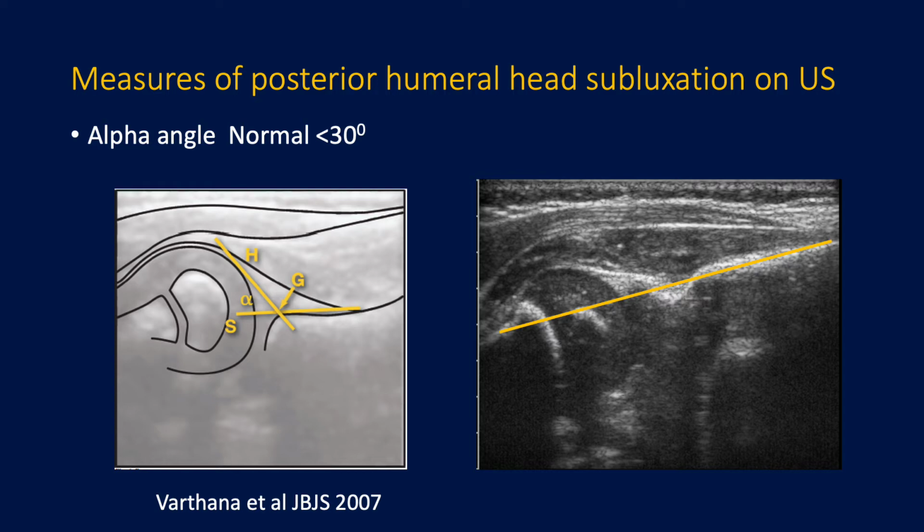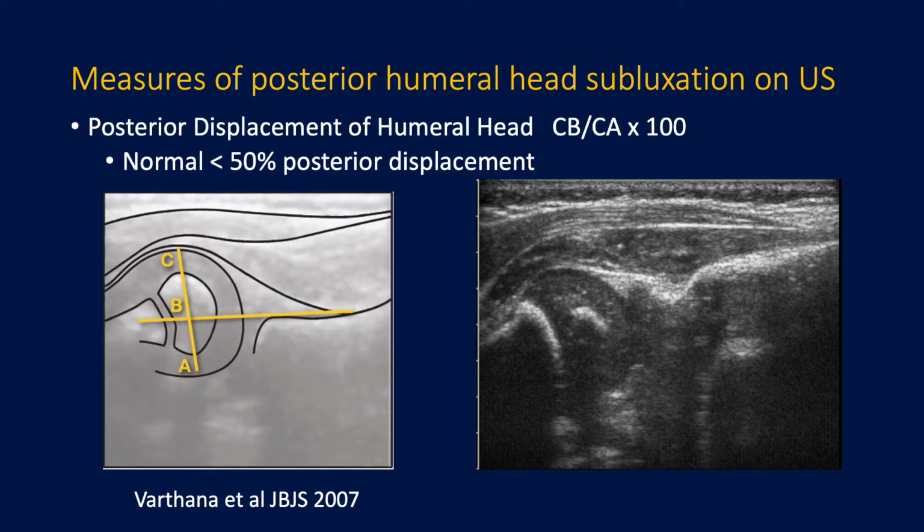From that bony margin of the glenoid, a line is drawn tangentially adjacent to the humeral head, and the angle between these two lines is the alpha angle. The normal alpha angle should be less than 30 degrees.